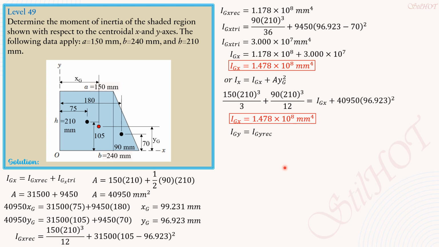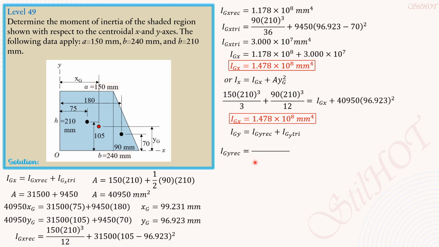So IGY equals IGY of the rectangle plus IGY of the triangle. For the rectangle, b cubed h, so 150 cubed times 210 over 12 plus area of rectangle 31,500 times the distance between the centroidal y-axis of the entire area and that of the rectangle, squared.